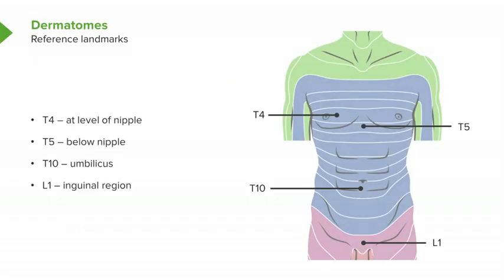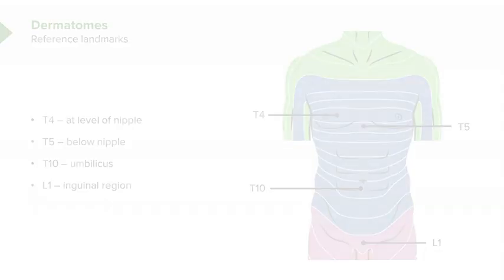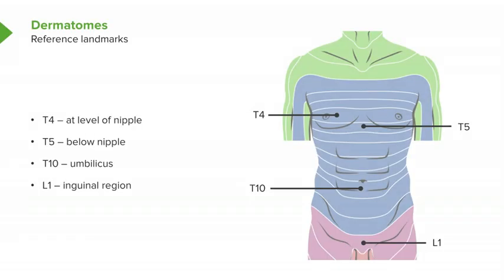These help you identify where T5 lies. So this area of skin is going to be innervated by the anterior ramus of the fifth thoracic spinal nerve. That will be just inferior to the level of the nipple. T10 will lie at the level of the umbilicus.